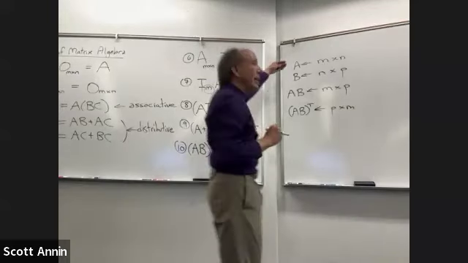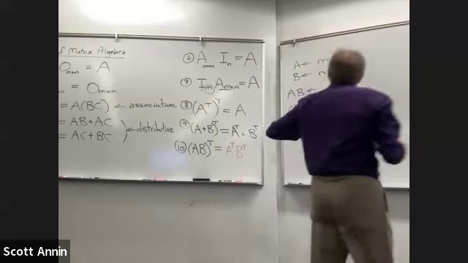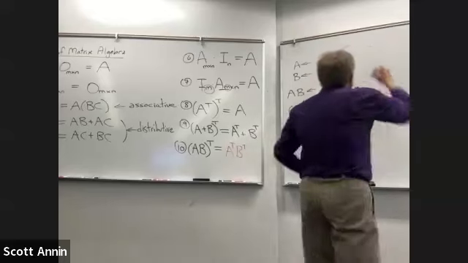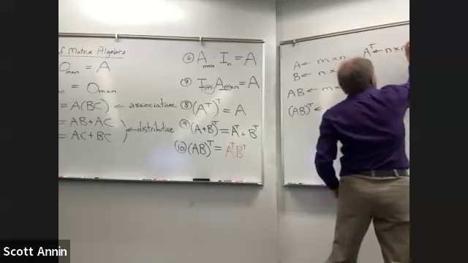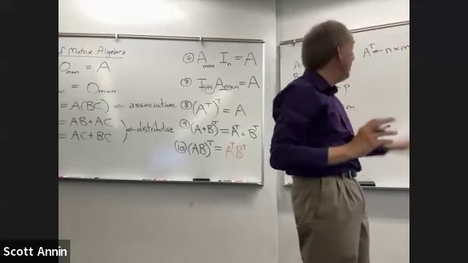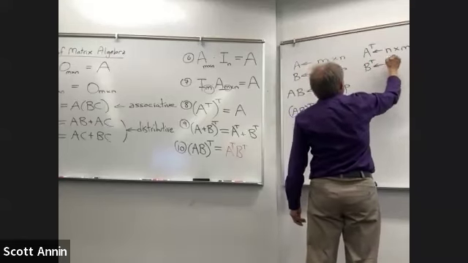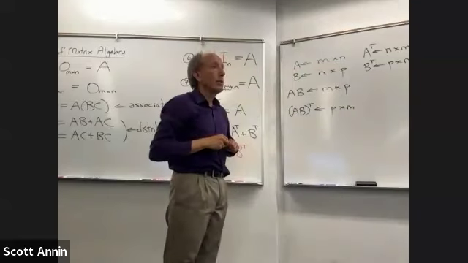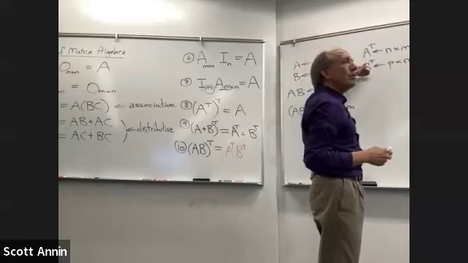Okay, so here I'm just working out the sizes of these matrices. Now, what would have happened if we did the A transpose and B transpose separately? The A transpose would be N by M. We swapped the dimensions. And the B transpose would be P by N. Are we allowed to calculate A transpose times B transpose here?